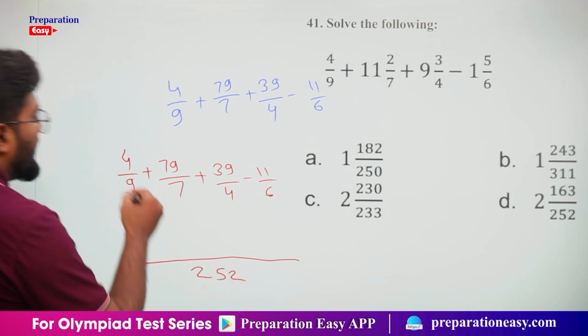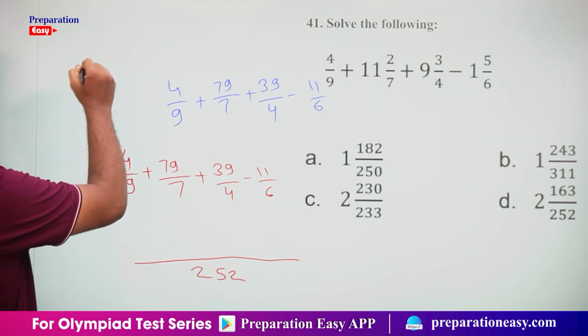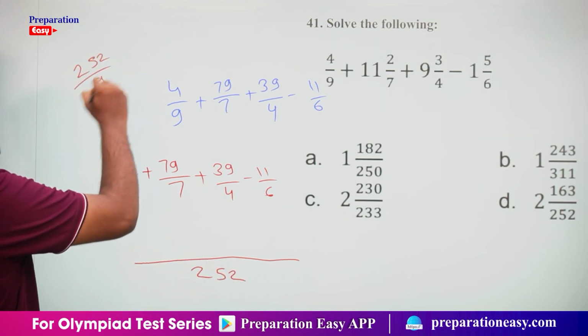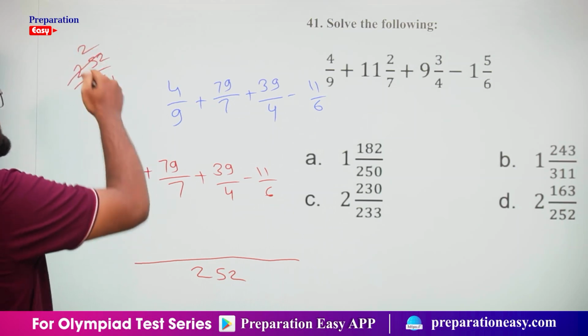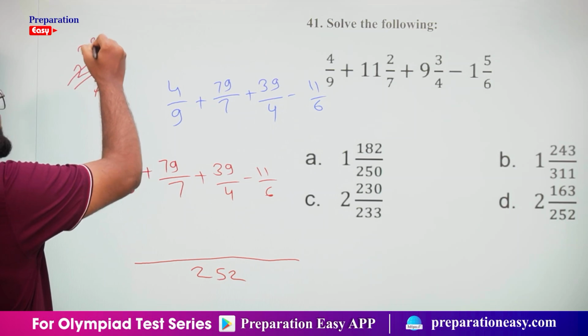252 divided by 9. What does it come to? 9 twos are 18, 9 eights are 72, so 28.